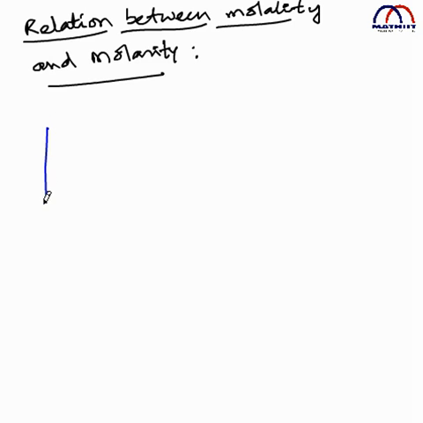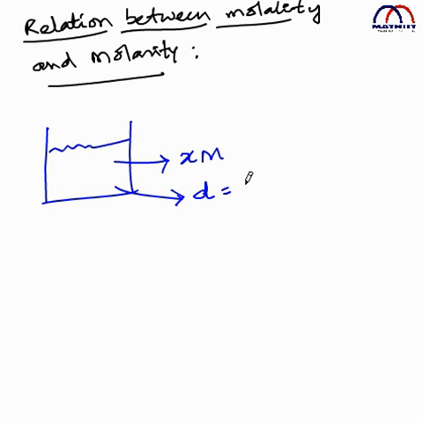There is a solution given to us. Here, imagine that the molarity is given. Molarity is given that X molar solution. It is a X molar solution there. And its density is also given there. The density of the solution is equal to, imagine that density of the solution is D something.